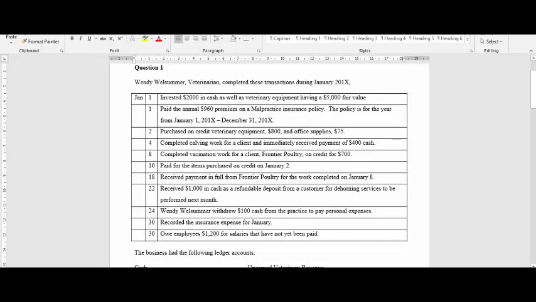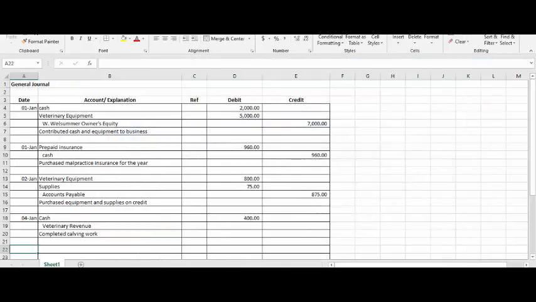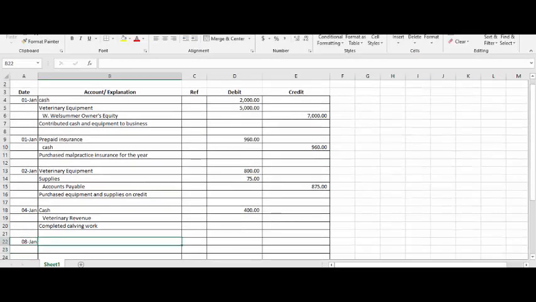And then completed vaccination work for Frontier Poultry on credit for $700. So this time, an asset account, but our client owes us money. And the place that we list all our clients who owe us money is our accounts receivable. And that's going to be $700. And once again, we've done the work, so we recognize the revenue.